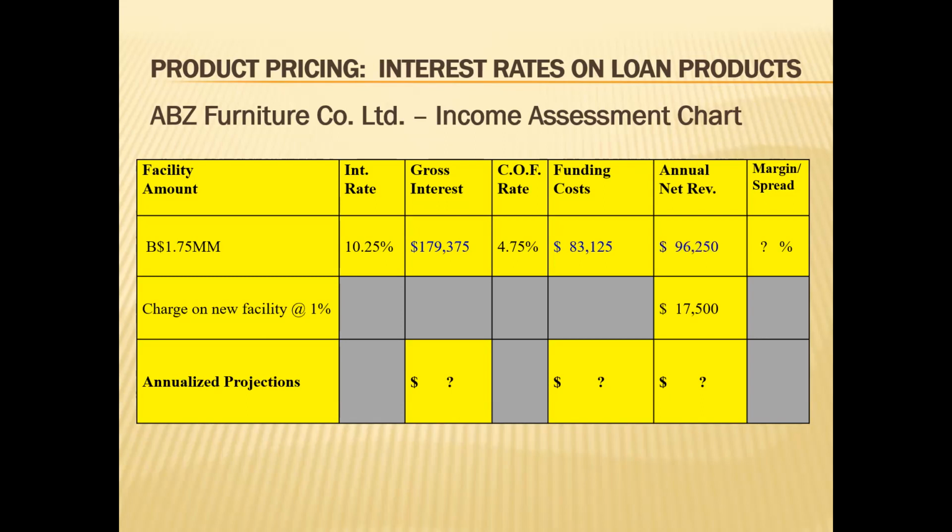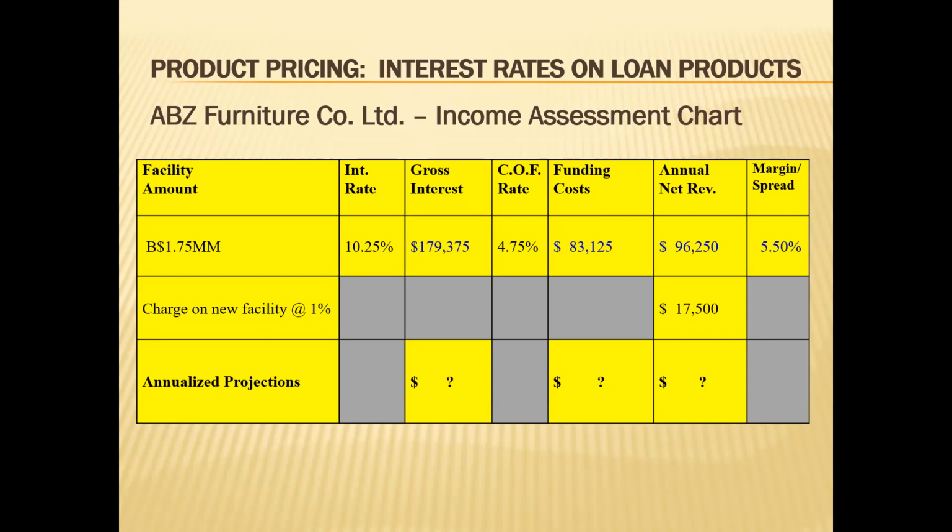Correct. Okay, how do we determine our margin or spread? The interest rate minus the cost of funding rate, which gives us 5.5. Excellent, great stuff. Everyone sees that?